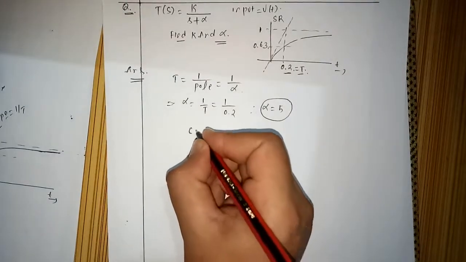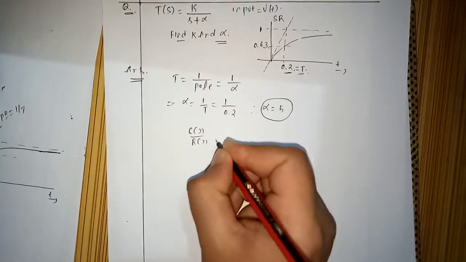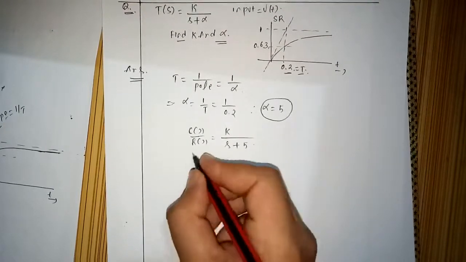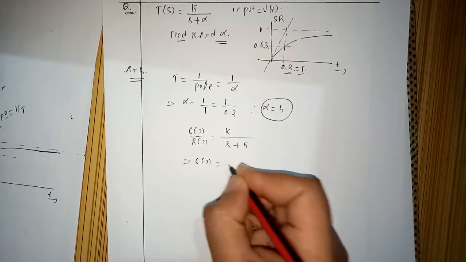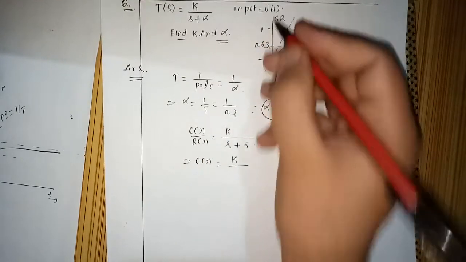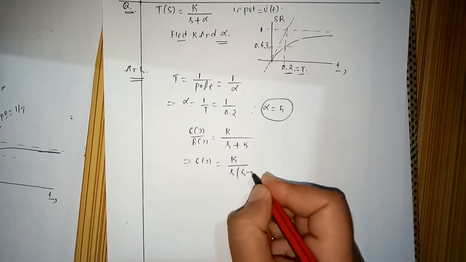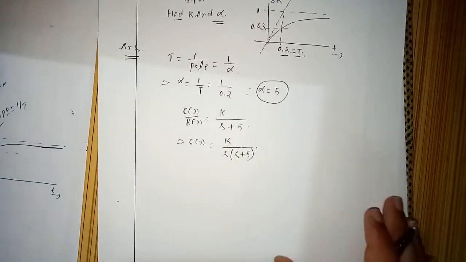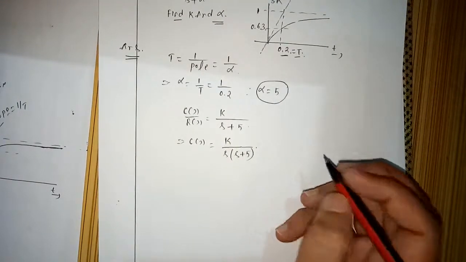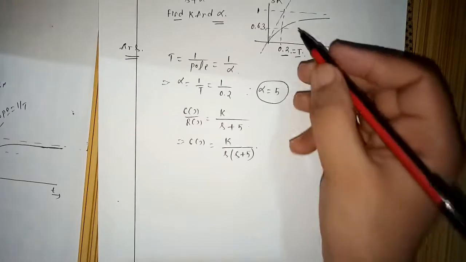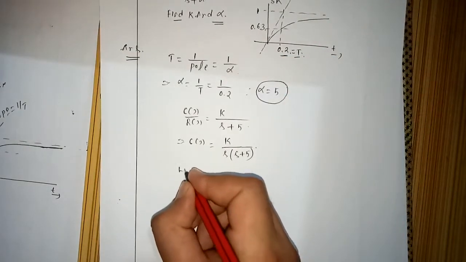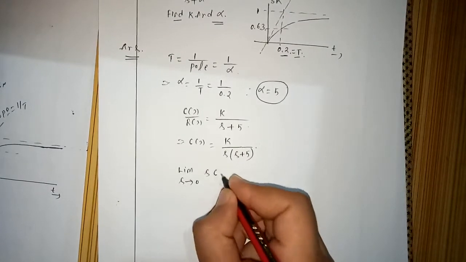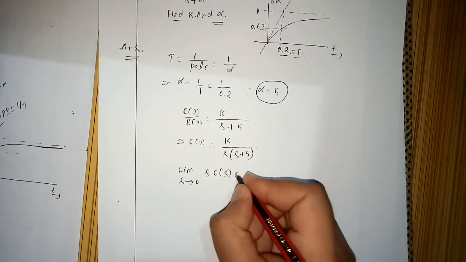And the last thing: we have the transfer function C(s)/R(s) equal to K/(s plus alpha), and as alpha I can put 5, and C(s) is equal to K times R(s), where I can write R(s) as 1/s, into 1/(s plus 5). Now we know from the final value theorem that the limit s tending to 0 of s C(s) is equal to the final value.